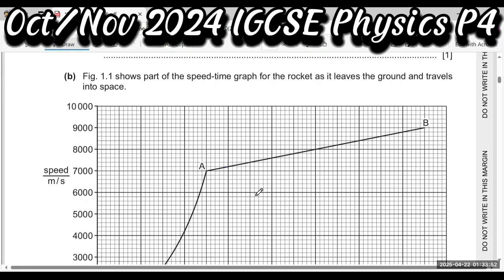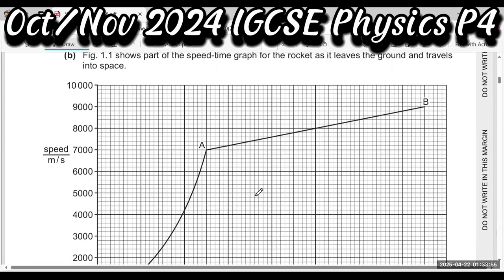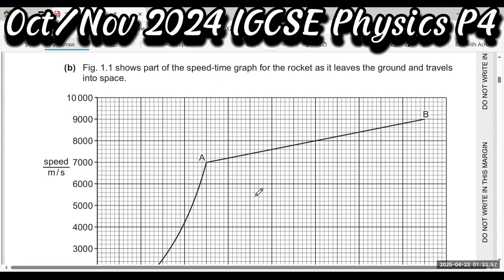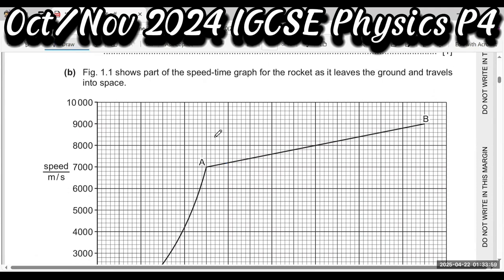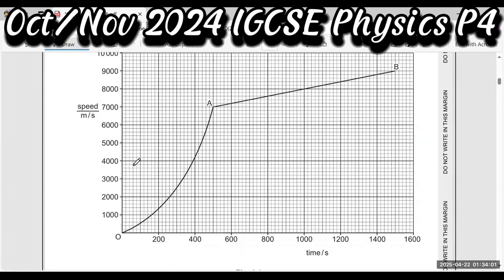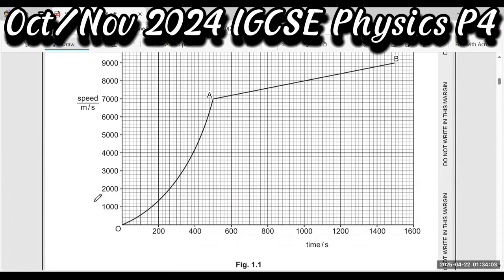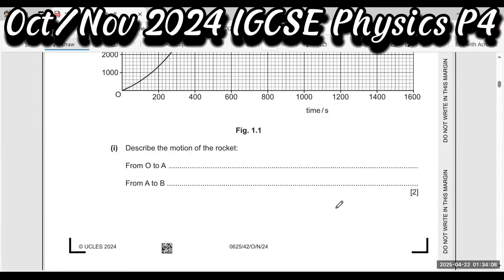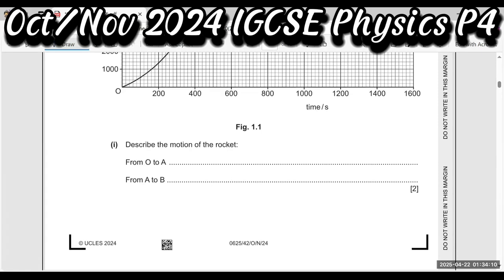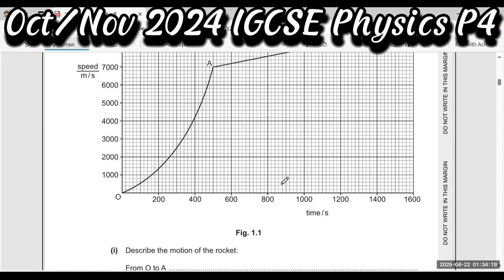Next question. The graph shows the speed-time graph. The rocket leaves the ground and travels into space. This is the graph, vertical is the speed and horizontal is the time in seconds. Describe the motion of the rocket from 0 to A and from A to B. From 0 to A, you can see that the line is increasing, so speed is increasing with time.